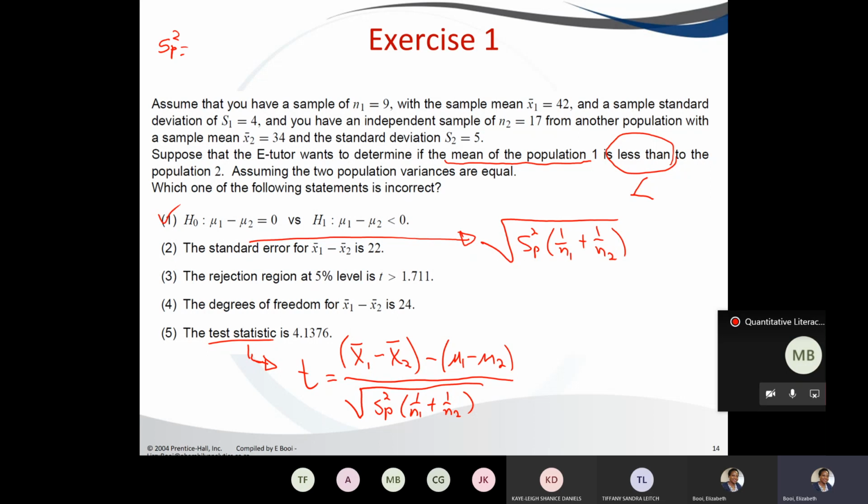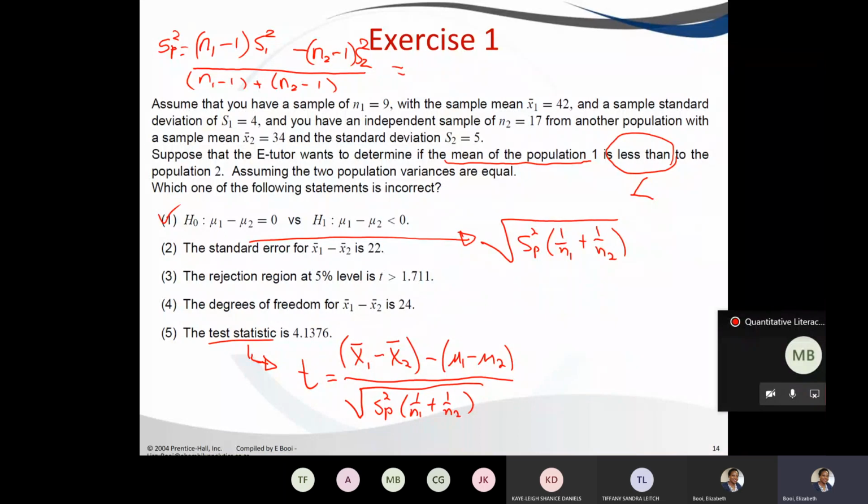For example, to calculate the pooled variance, you will have to use this formula that looks like this: n1 minus 1 times the variance of sample 1, plus n2 minus 1 times the variance of sample 2, divided by n1 minus 1 plus n2 minus 1.